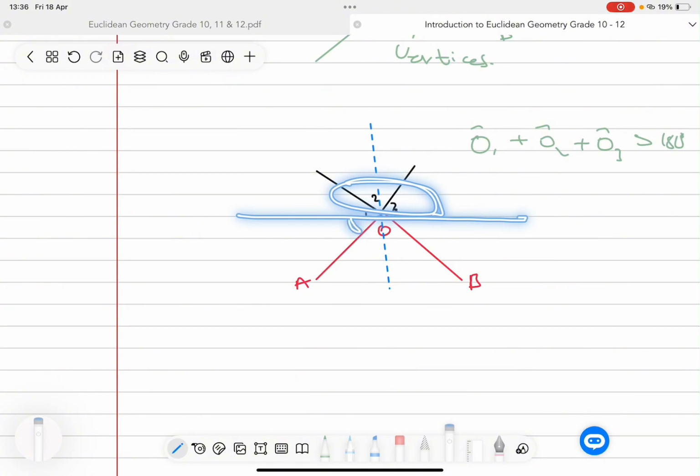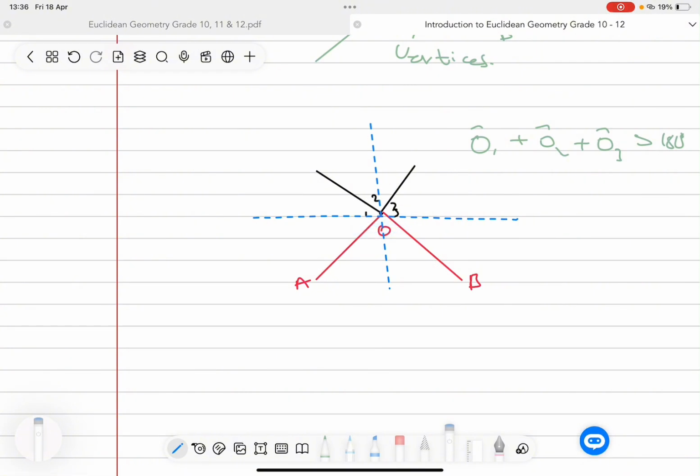But if I include these two bits here, I will be greater than 180 degrees. And definitely we can see that this line where these angles are sitting is not a straight line, because it has a vertex. It actually makes another angle there.